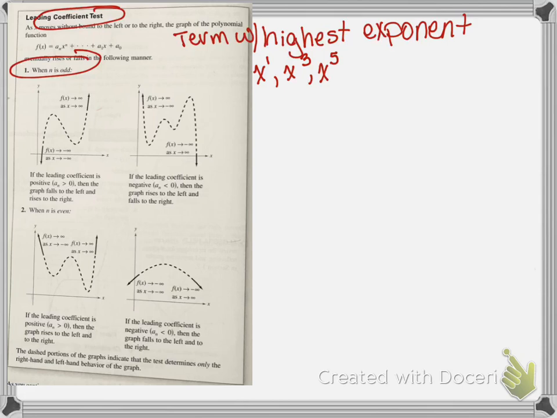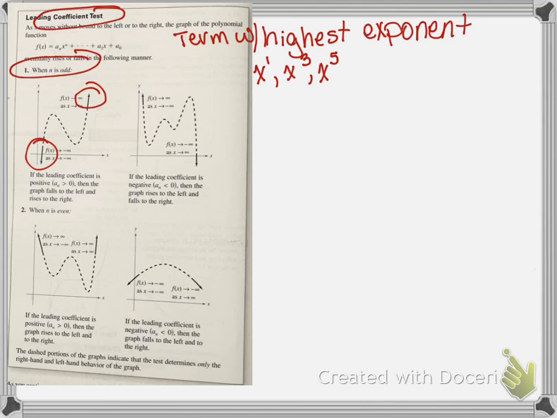If my slope is negative, it goes the other way, but still one goes down and one goes up. If something's raised to the third power, the same thing is true. If it's raised to the fifth power, one of the ends goes down and one of the ends goes up.